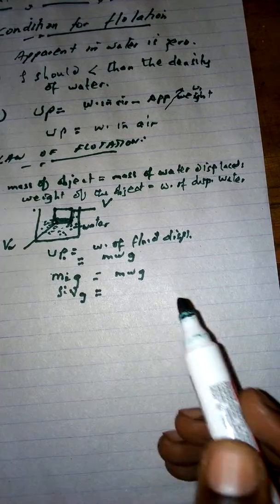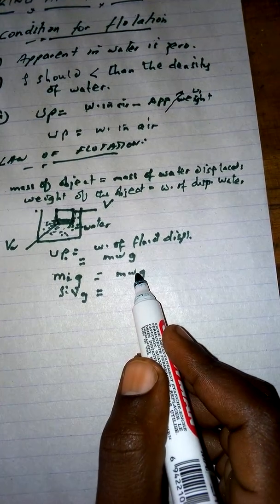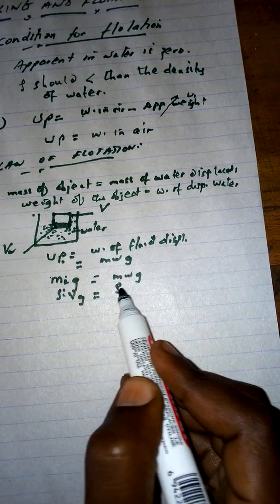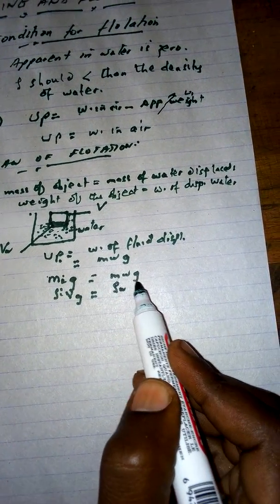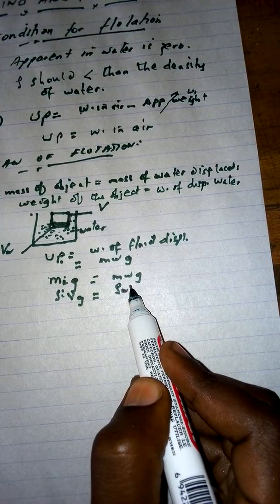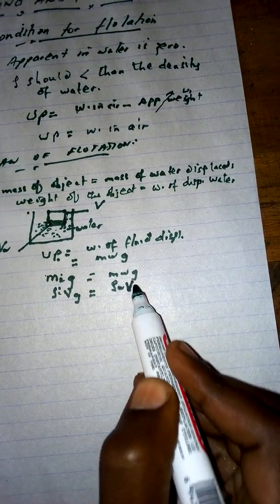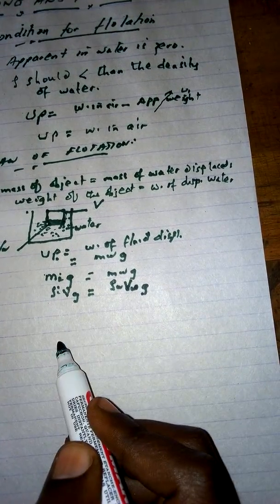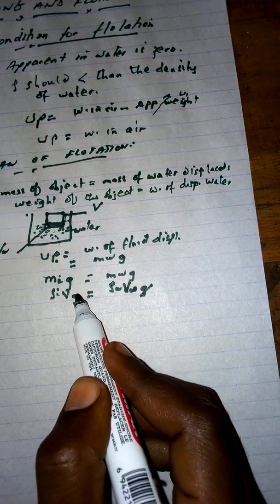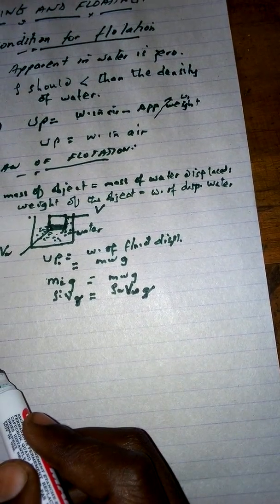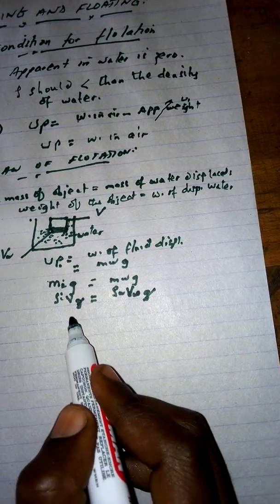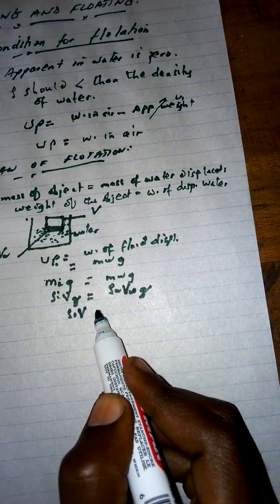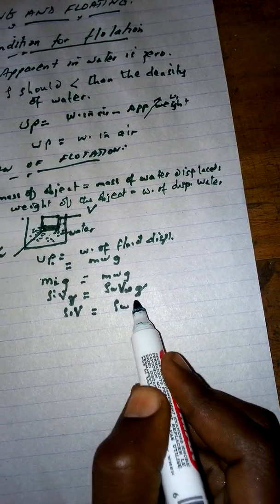This will be equal to the mass of water, which can be obtained by taking the density of water times the volume of water, which is VW, times the gravitational force. So this gravitational force and this gravitational force cancel out. So density of ice times the volume of ice will be equal to density of water times the volume of water.